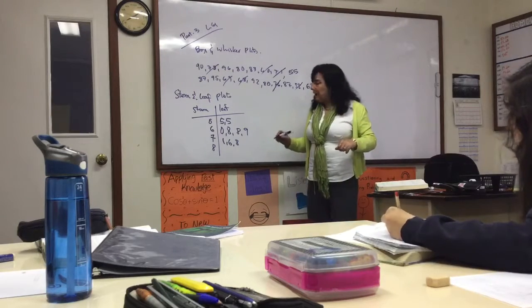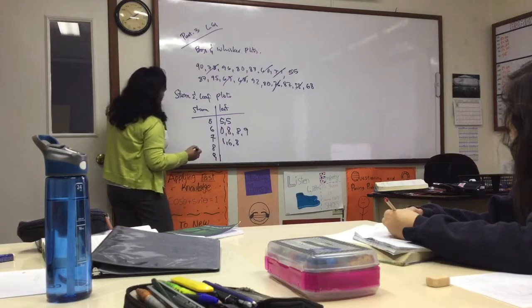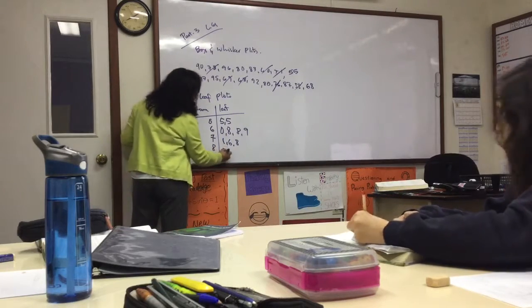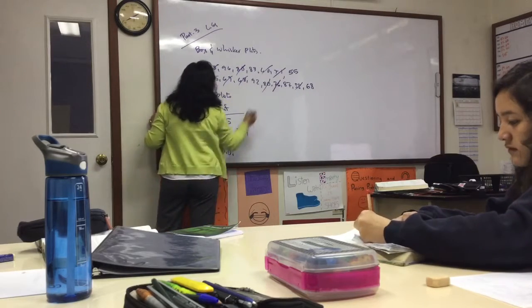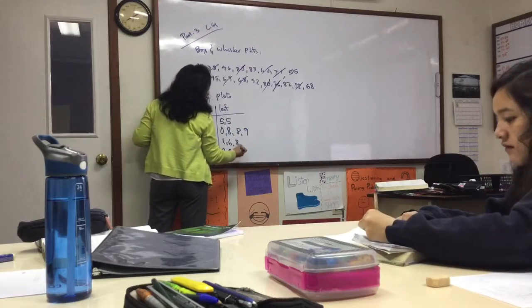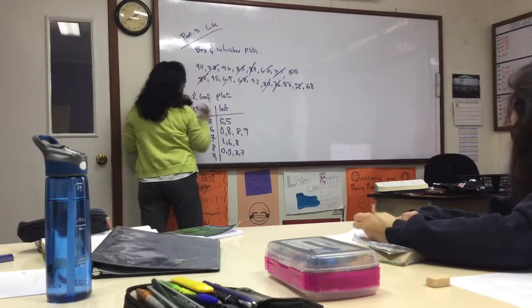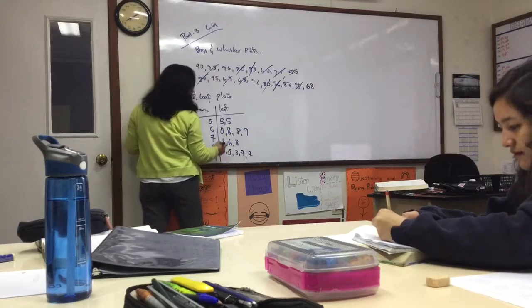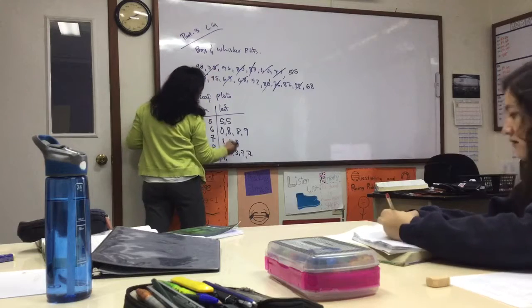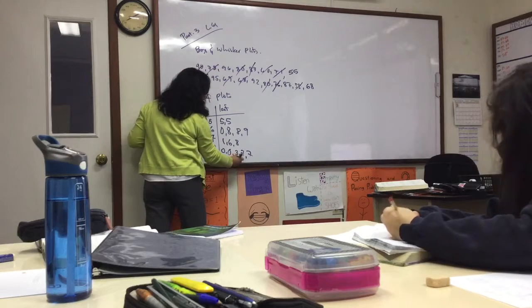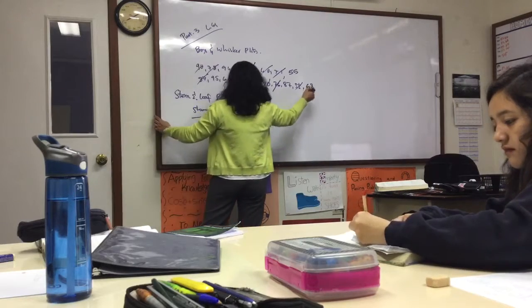Once you have it this way, let's do these 7s: 0, 0, 3, 7, and 7. Okay, and the 9s: 0, 2, 5, 5, 6. Is that it? Yeah.